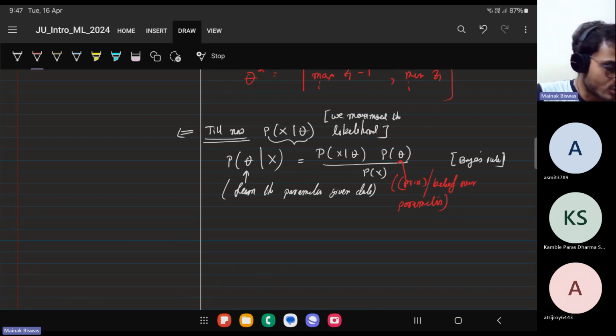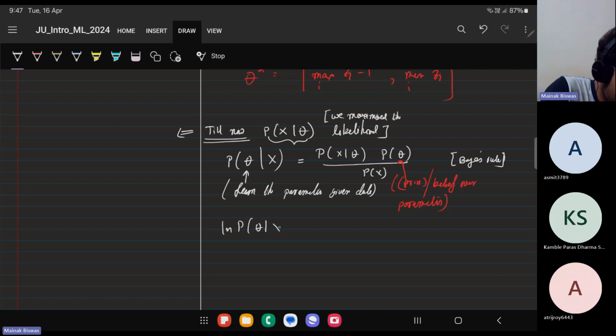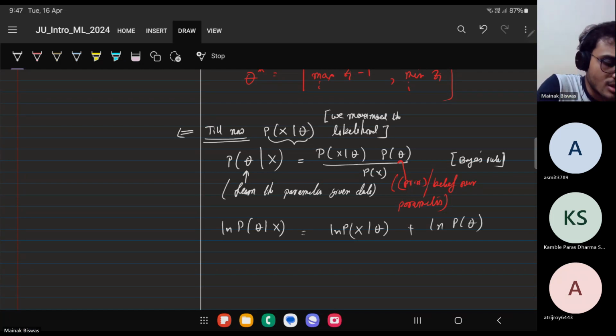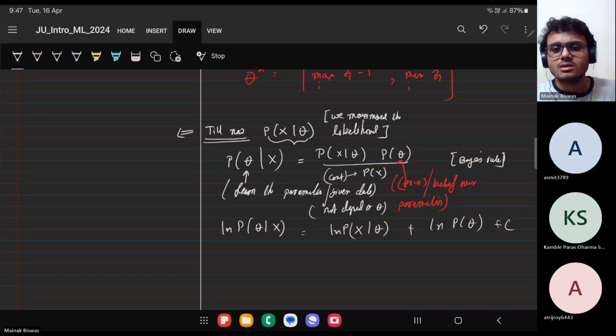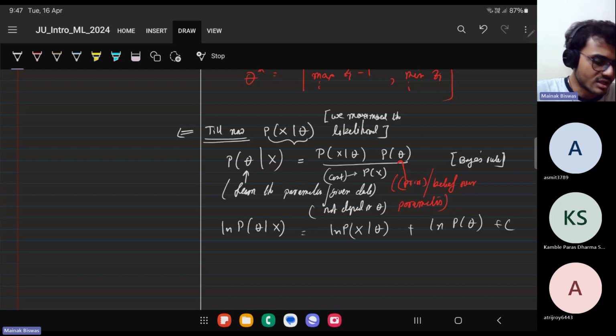If I take the log on both sides, what will I get? I'll get log of P of x given theta plus log of P theta plus some constant. This is a constant, it does not depend on theta. Clear?